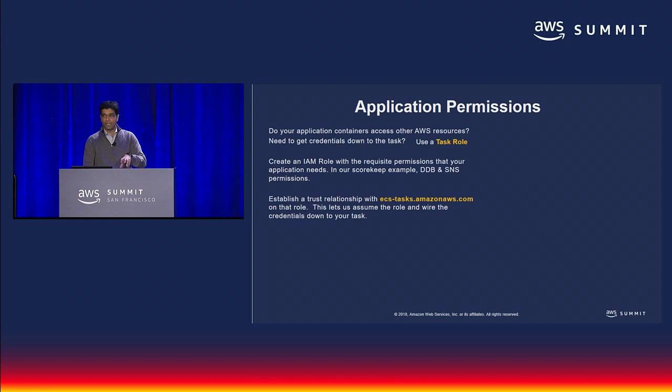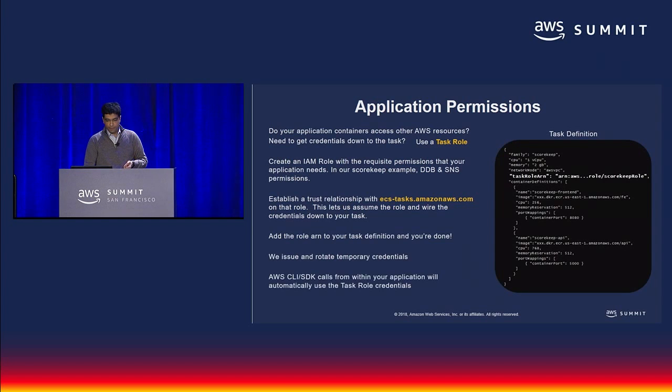To implement that, you need to set up a trust relationship with ECS tasks. This lets us assume the role and pass down the credentials as we get them. And you need to add this ARN to your task definition so that we can identify which particular role you want this task to run as. This is integrated with the AWS CLI or SDK, and it automatically uses the task role credentials when talking to different services within AWS.